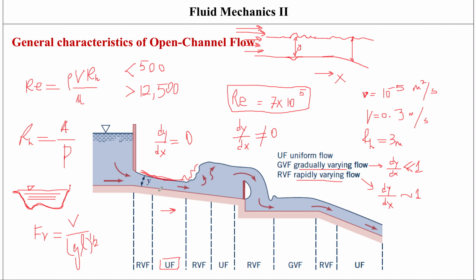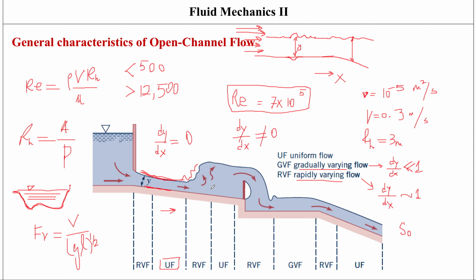Also, another variable that is important is the slope of the bottom of the channel, which is usually represented by S naught. It could be different for different kinds of flow and situations, but the slope of the bottom for open channel flows is usually very, very small because it's nearly horizontal.